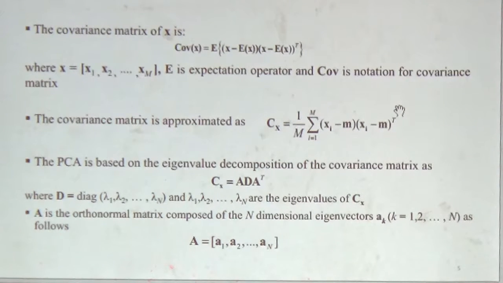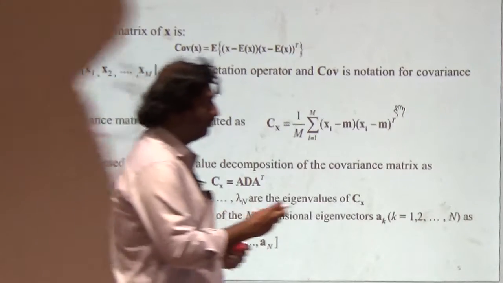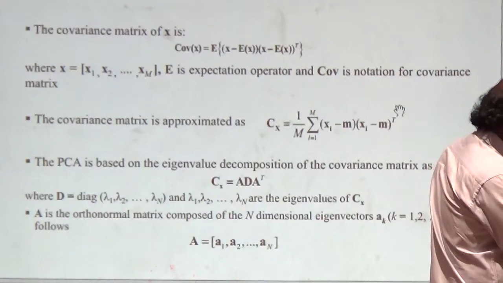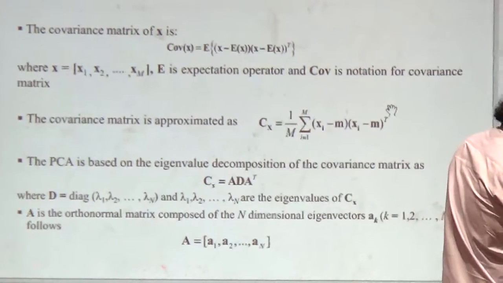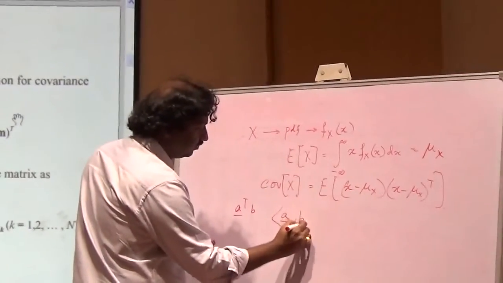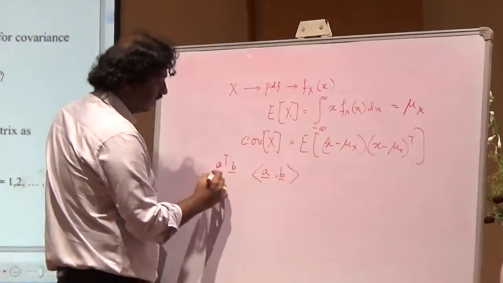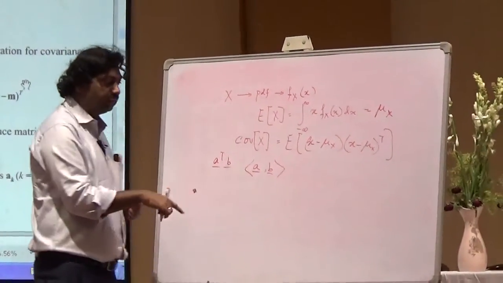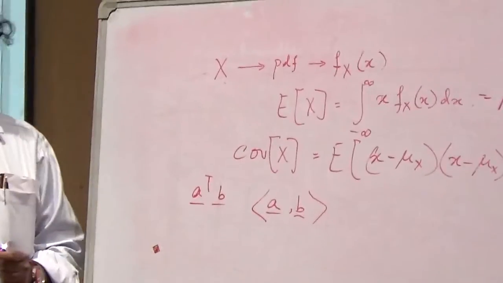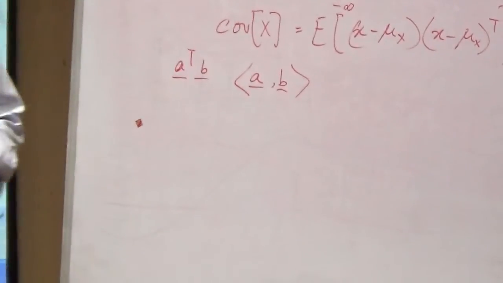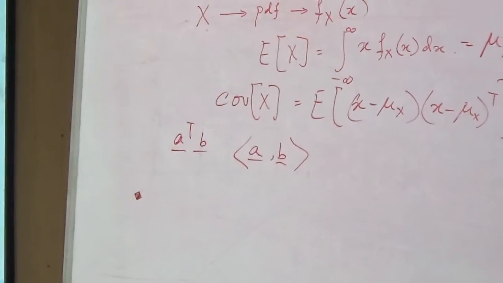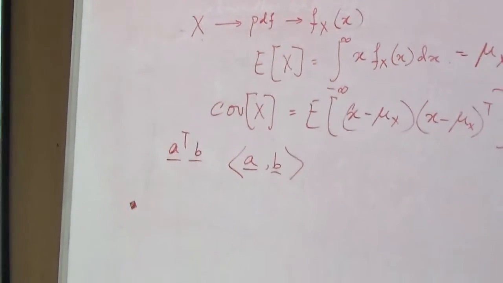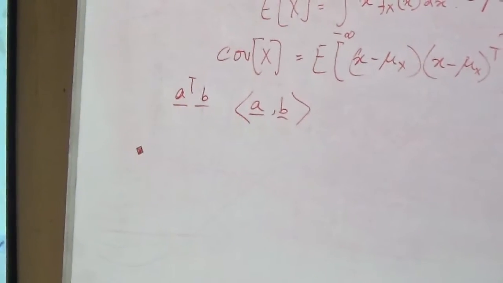How? You forgot the transpose. This is the inner product. It's also denoted like this. So if A was a 3 cross 1 column vector, the transpose was 1 by 3. And B was also a 3 cross 1 vector. So what do you get? A number, a scalar. So inner product leads to a scalar.